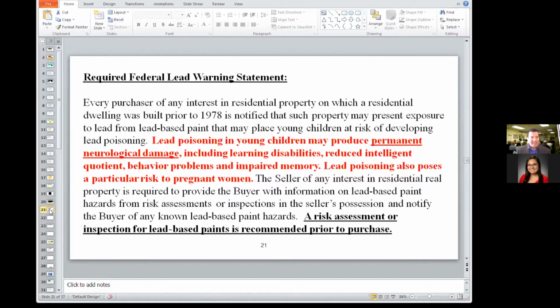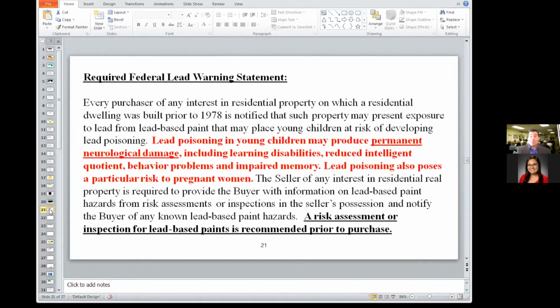If you have kids under 6, it's bad. They can be poisoned. Lead poisoning may produce permanent neurological damage, including learning disabilities, reduced intelligence, behavior problems, impaired memory.